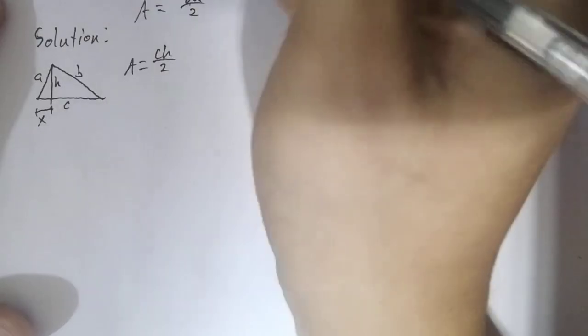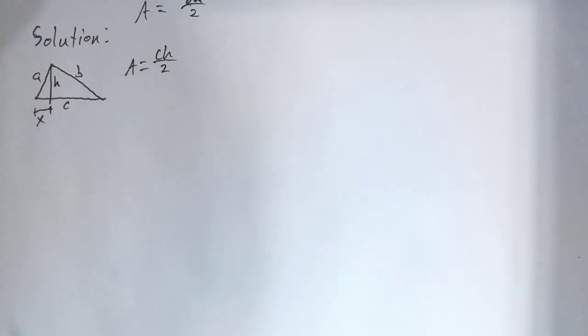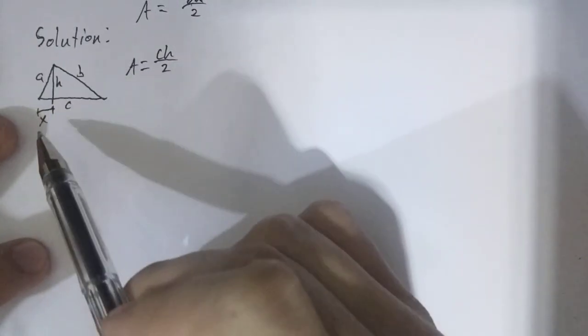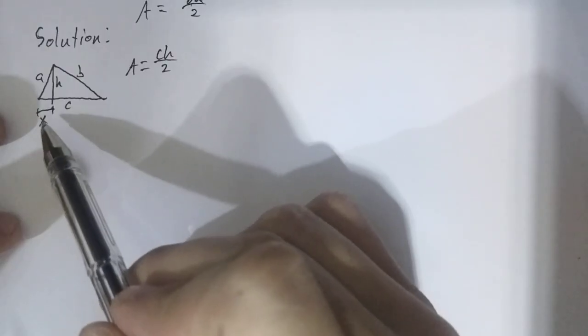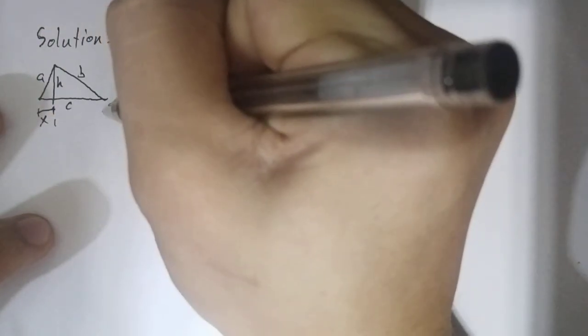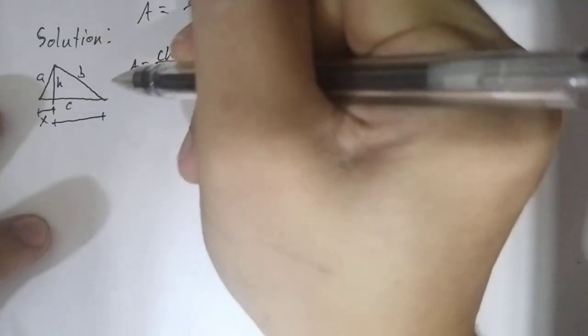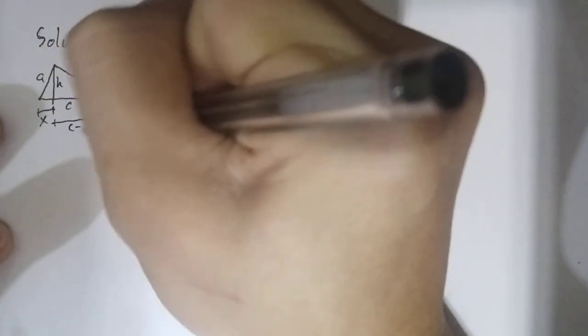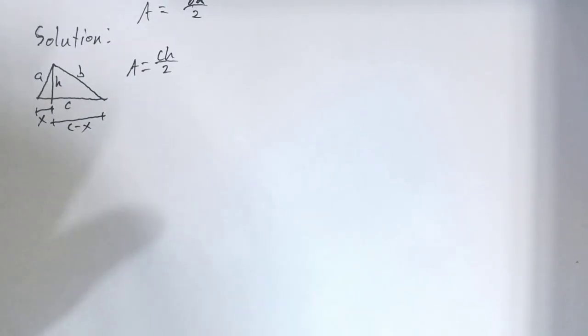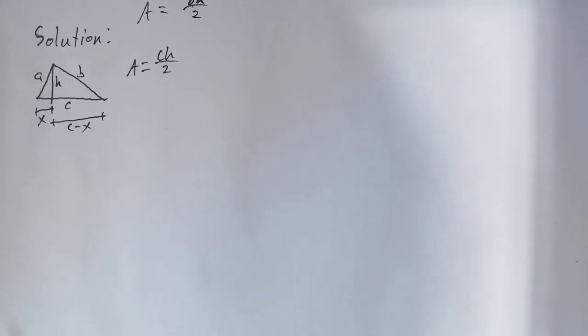And the base of this triangle, let's say it is equal to x, okay? Let's just say, all right? And then, if this part is equal to x, then this second part is equal to c minus x. Now, why does it equal c minus x?